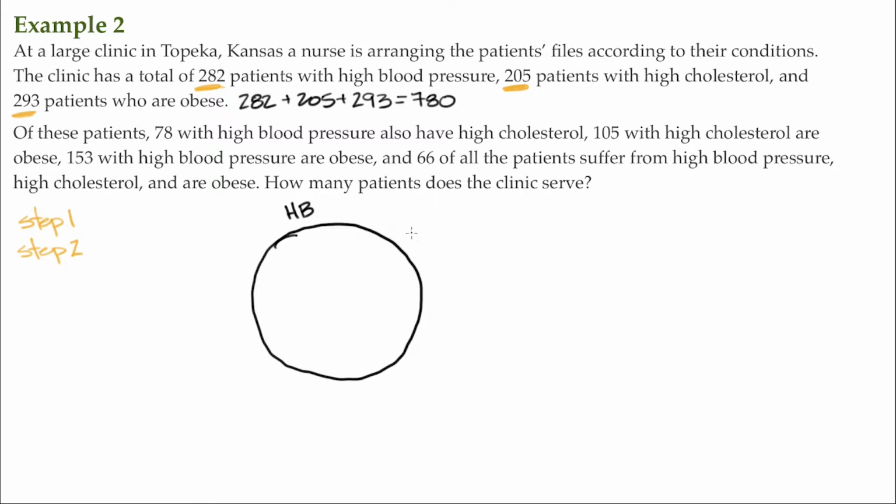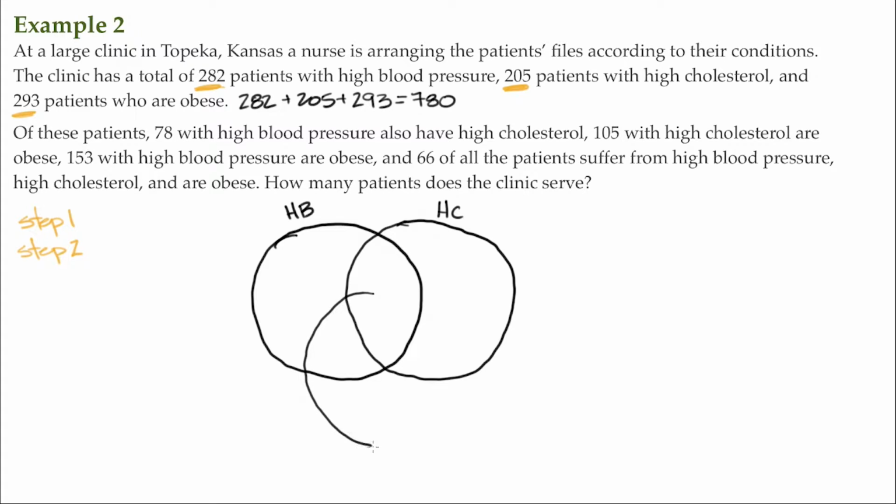Then I'm going to do another circle. And this circle can represent our high cholesterol group. That's our 205, and I'll just label this as an HC. So here's our high blood pressure and our high cholesterol. Obviously, the reason there's an overlap is because this is where patients who have both high blood pressure and high cholesterol will go. That's the idea. And then I'll put in a third circle.